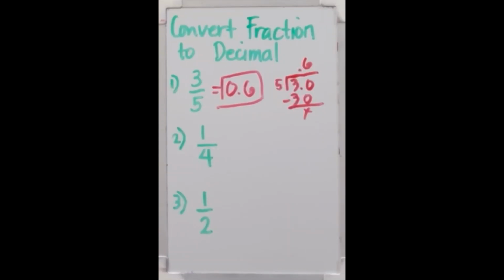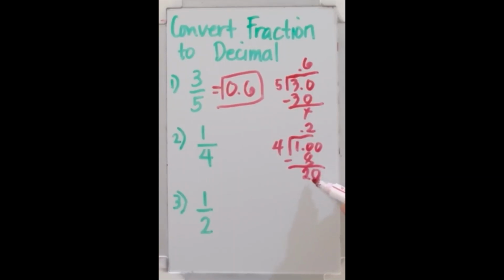Next is 1/4. So again, we will divide 1 by 4. So we need again to add 0. So 10 divided by 4 is 2. 2 times 4 is 8. Then you will subtract. 10 minus 8 is 2. We need to add one more 0.